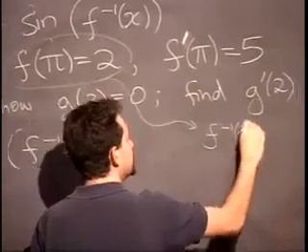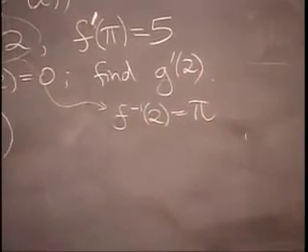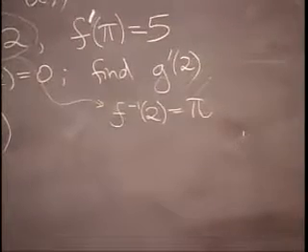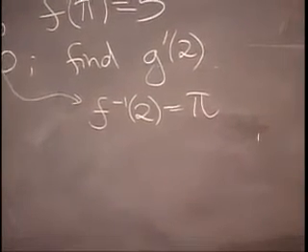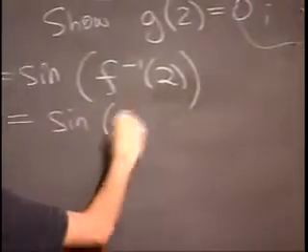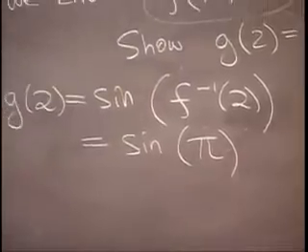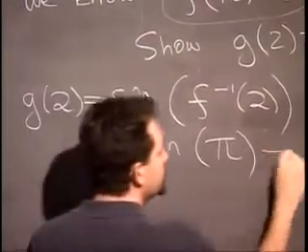F inverse of 2 is pi. So if f of pi is 2, then f inverse of 2 is pi. So this means that this quantity here is just sine of pi. But of course, sine pi equals 0.